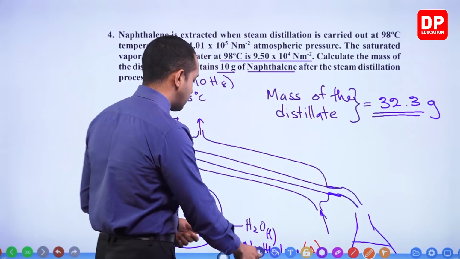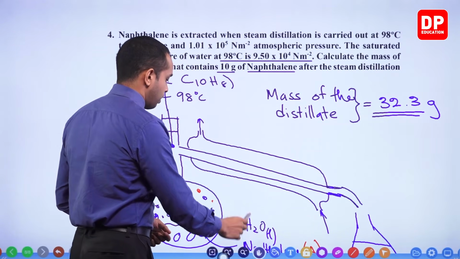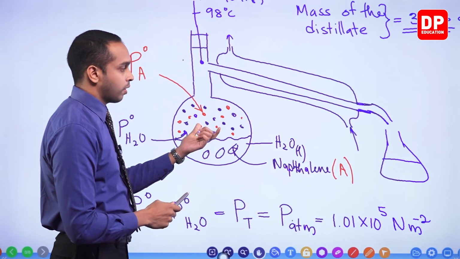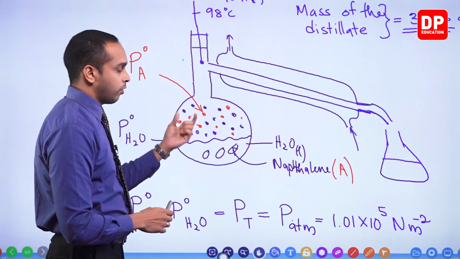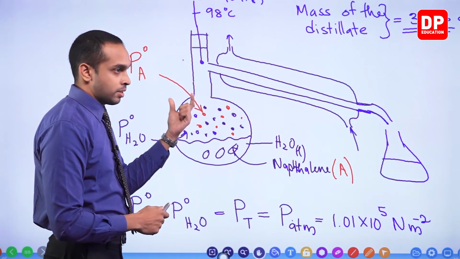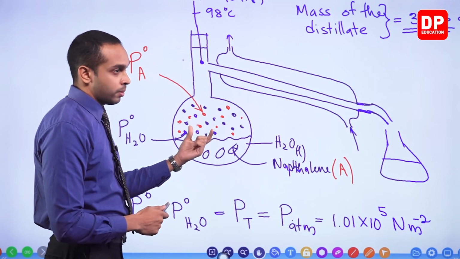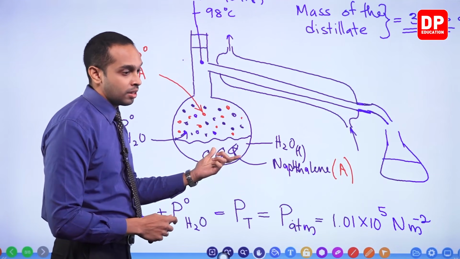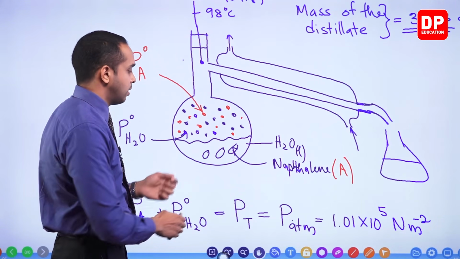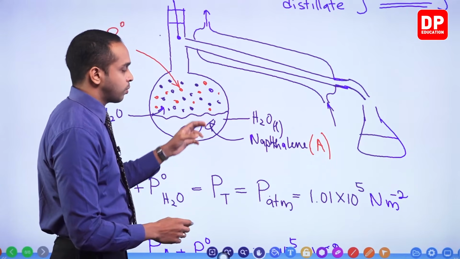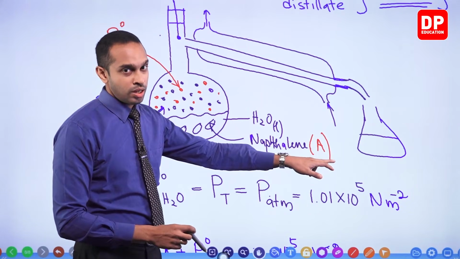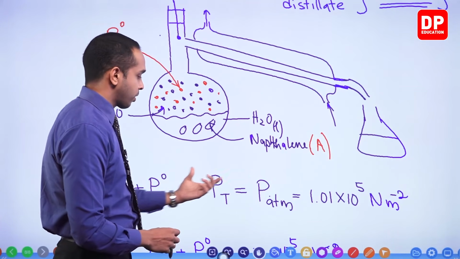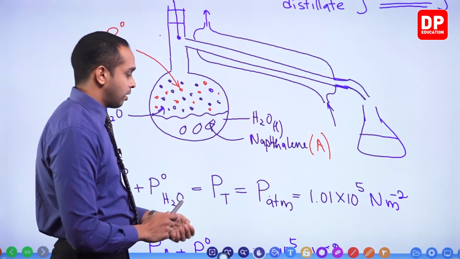Right, so how did we do it? Again, we looked at the vapor that is found here in the steam distillation process. We knew the vapor consists of saturated water vapor and the essential oil, or in this case naphthalene, that is present. Naphthalene was initially named as A for convenience when working with these different types of symbols.